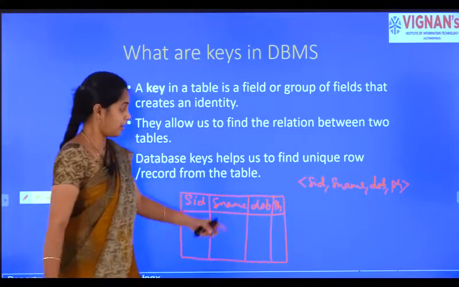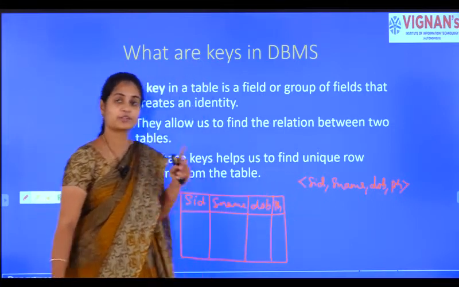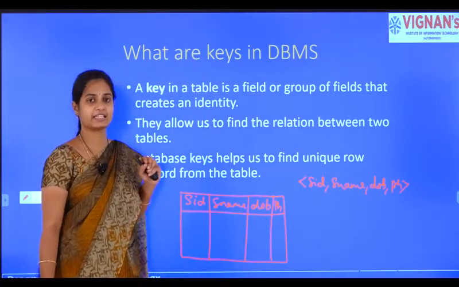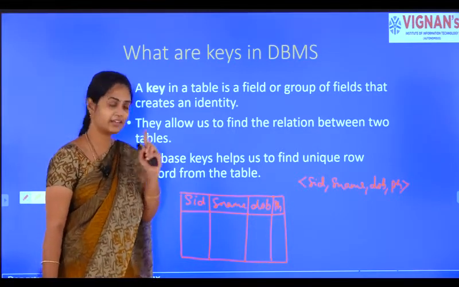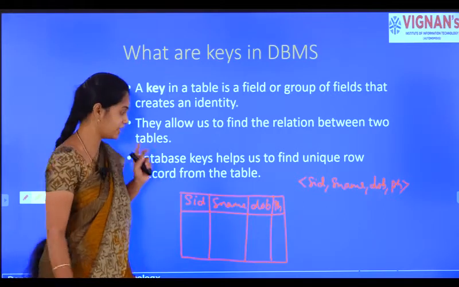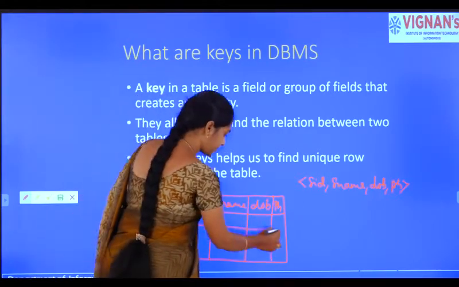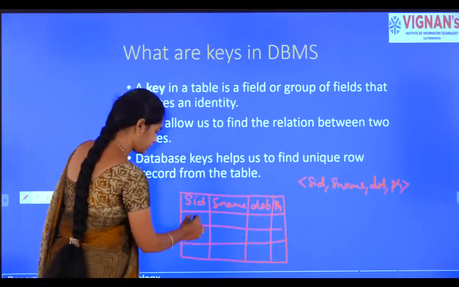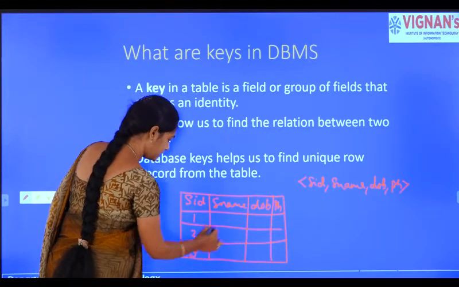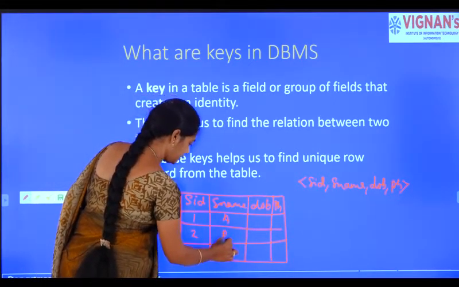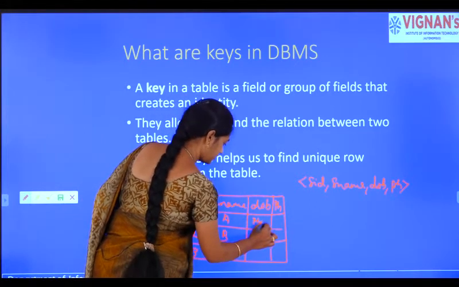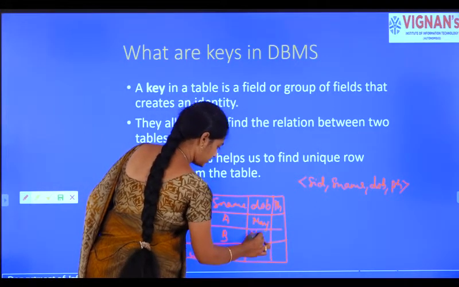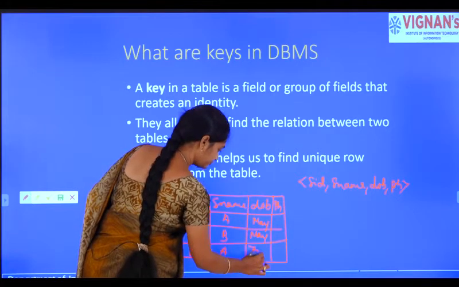Now, out of these attributes, which attributes can be designated as a key? So, what is a key? That has to uniquely identify the tuple of a relation. See here, if I give the values into the table 1, 2, 3, I will give A, B and A. I will give May, June.